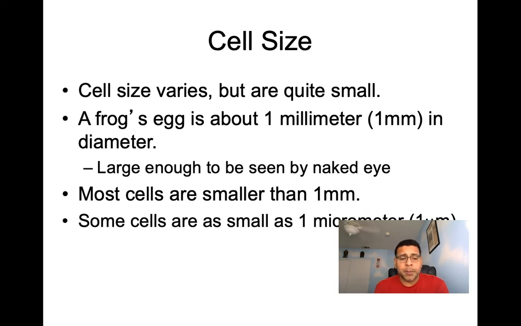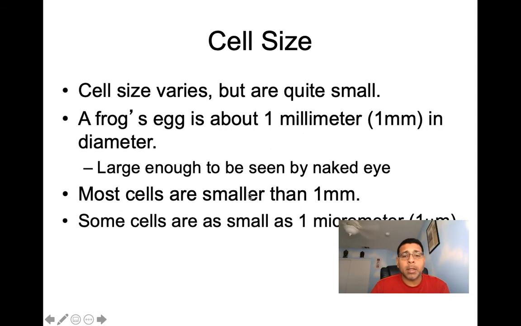We'll look at an image in a few seconds, but a frog's egg is about 1 millimeter in diameter. It's large enough to be seen with the naked eye. If you've ever dissected a female frog that was pregnant, you're able to see all the eggs right inside the abdominal cavity.